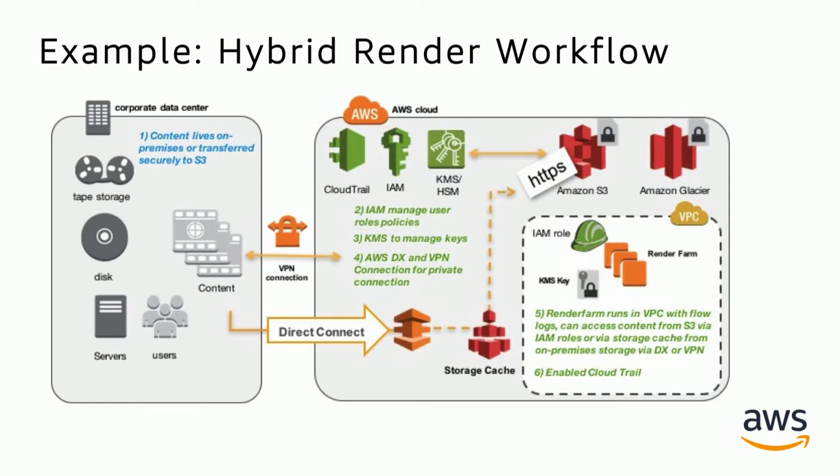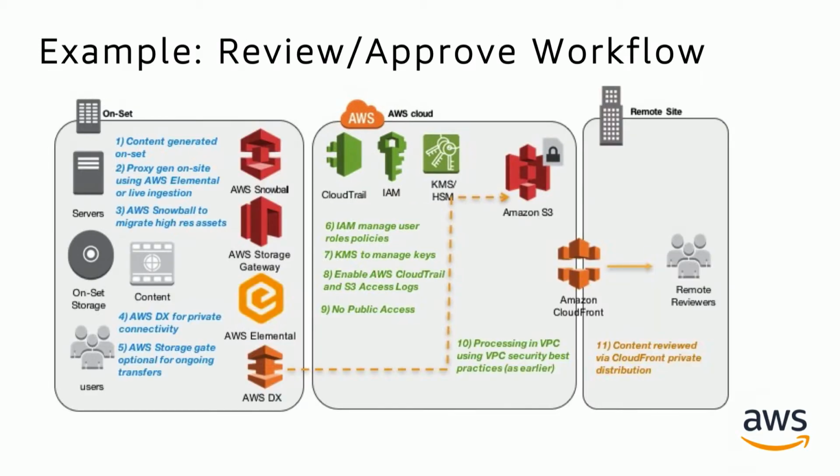That could be S3 or EFS, or use KMS for encryption, and then CloudTrail and IAM. This is another example for review and approve workflows, like digital dailies, if you will.